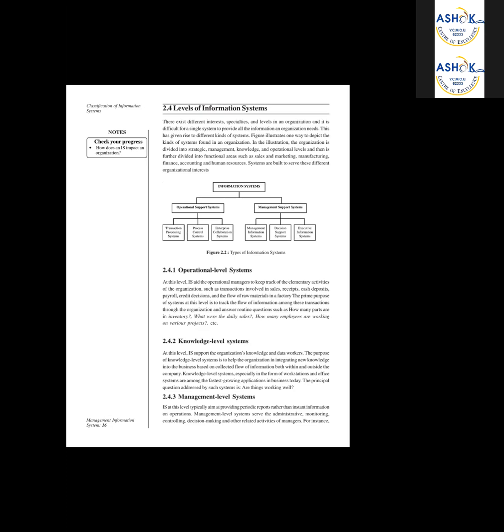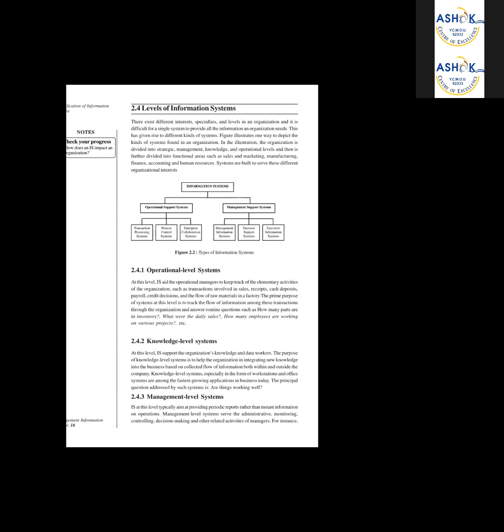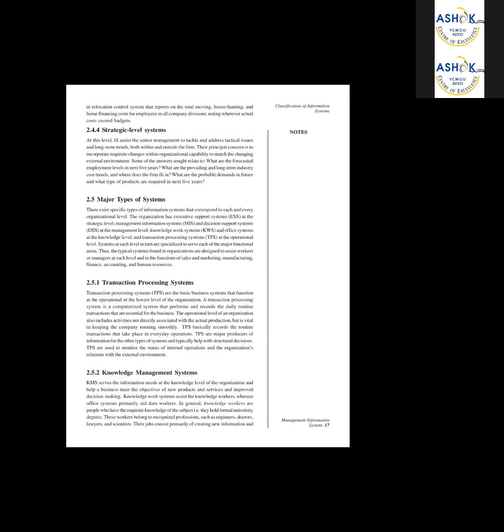For instance, a control system reports on the total moving, house hunting, and home financing cost for employees in all company divisions, noting whenever actual cost exceeds budget.